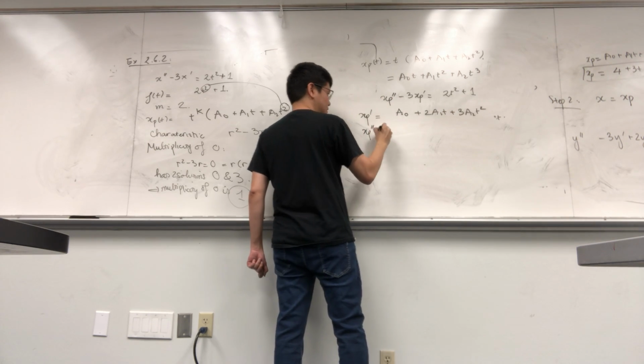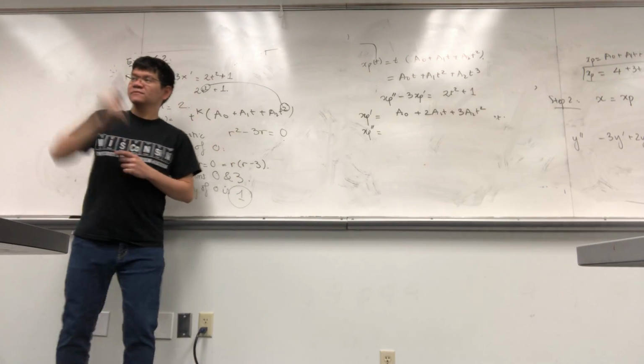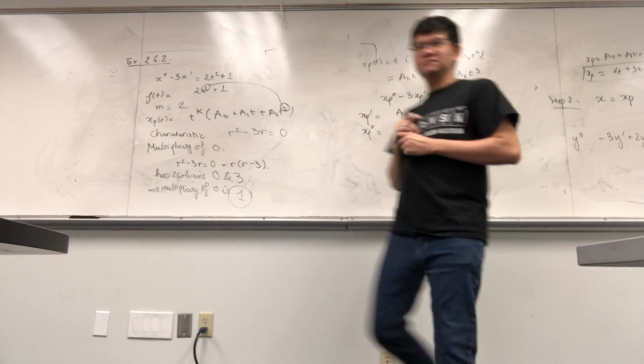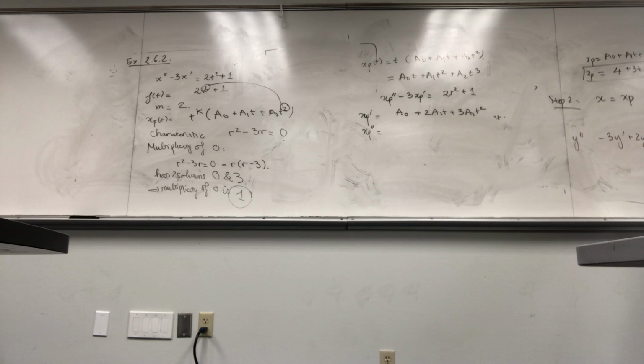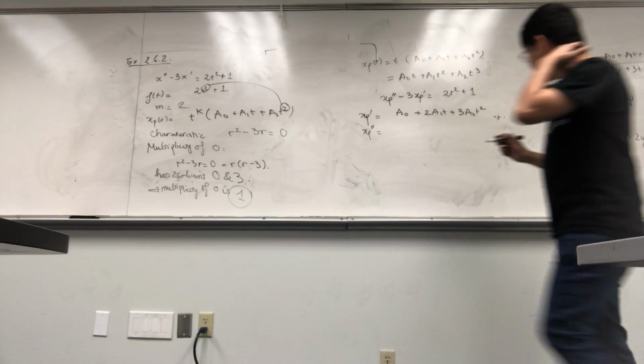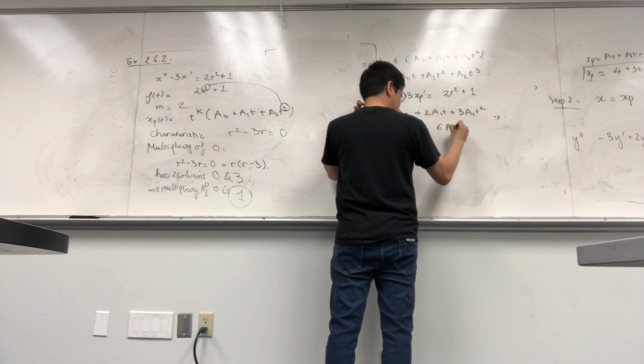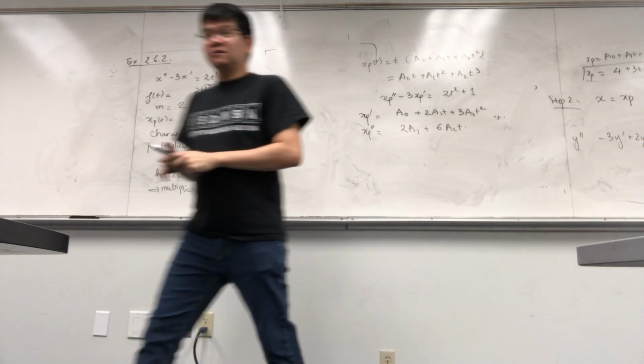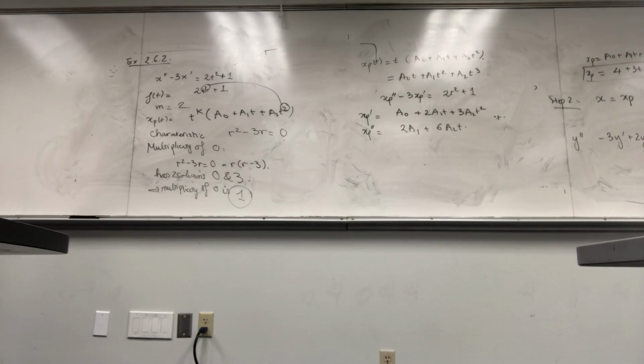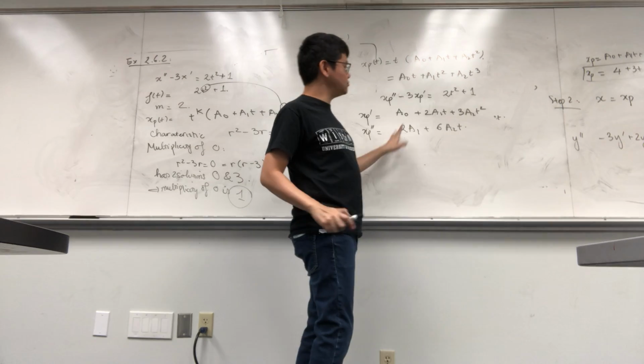Now xp double prime, what is it? Yes, 2 a1 plus 6 a2 t. All right? Questions? So the next step is to replace this into the equation, right?